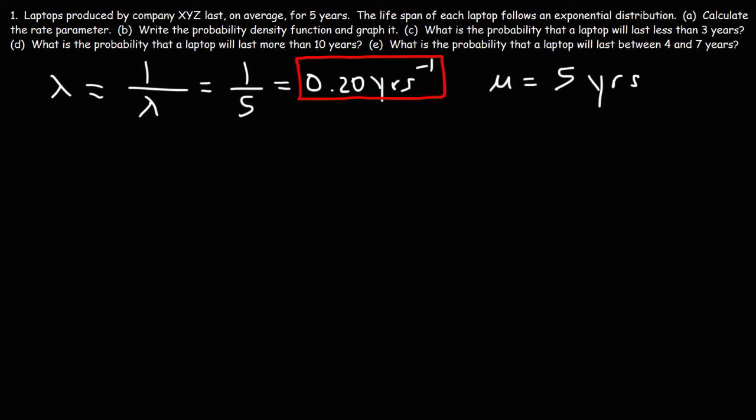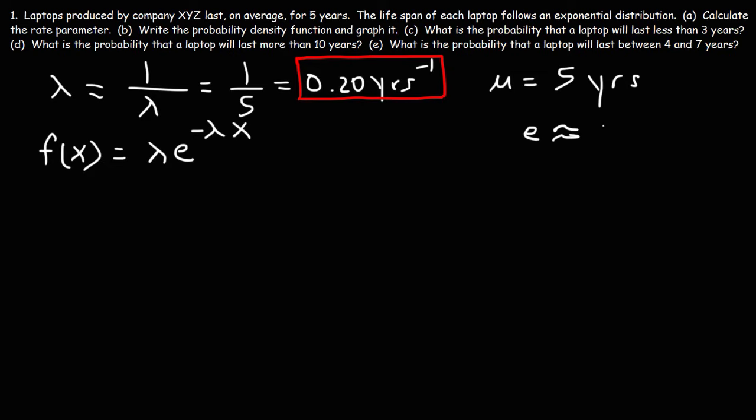Now, part B. Write the probability density function, and then we'll graph it. The probability density function is represented by f of x. And f of x is equal to the rate parameter lambda times e raised to the negative lambda times x. Now, keep in mind, e is a number.